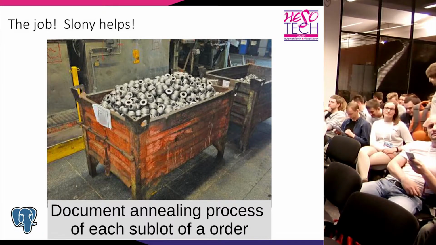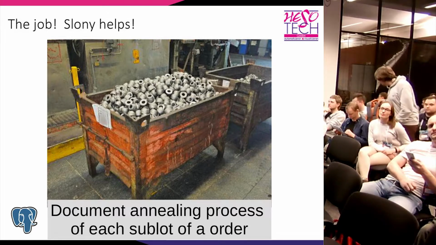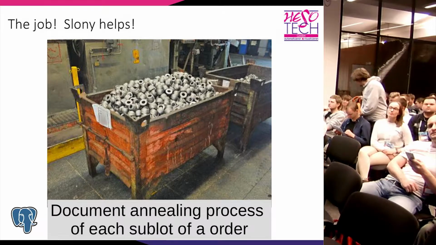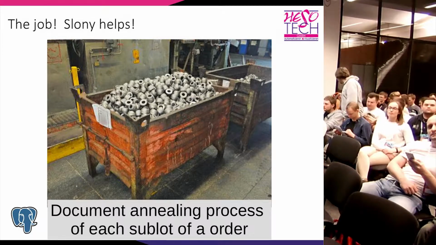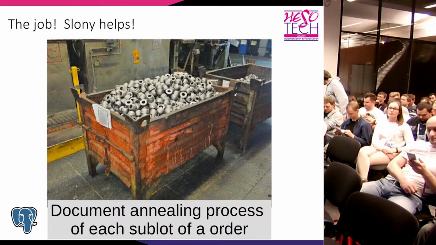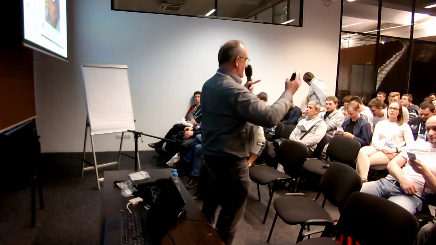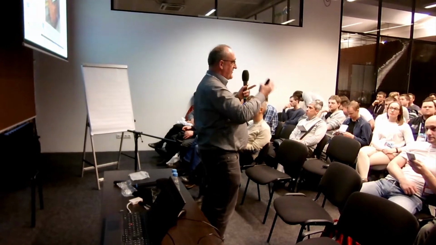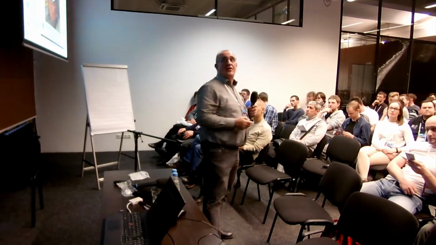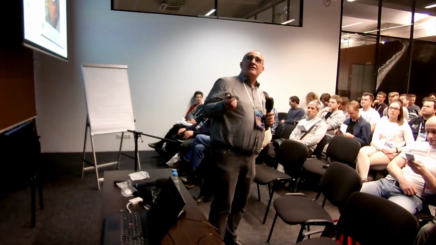And what we have to do is to document the annealing process. A lot of these boxes is produced, and all this stuff is put together into cages and then put through a furnace. And that is what I want to explain, what that has to do with Postgres.